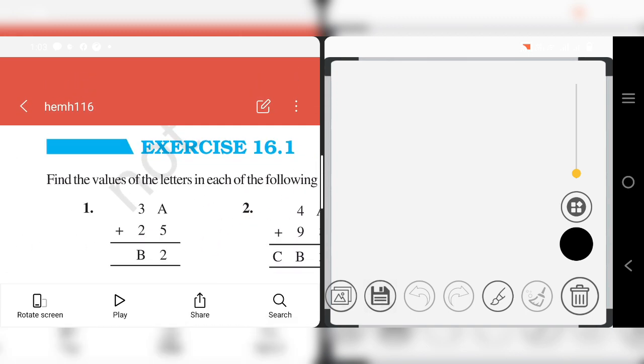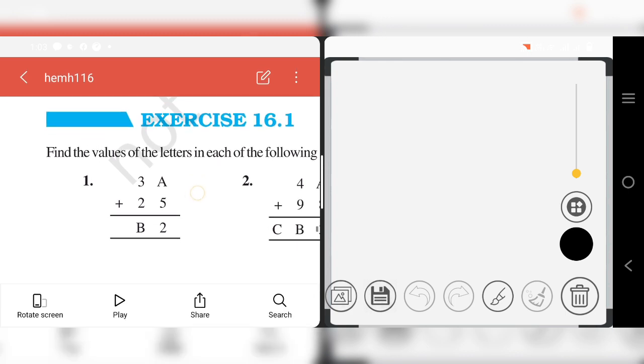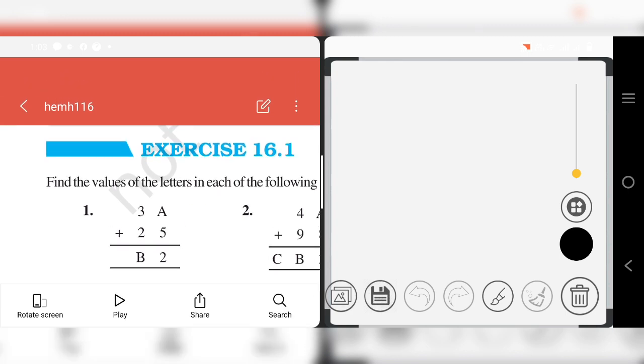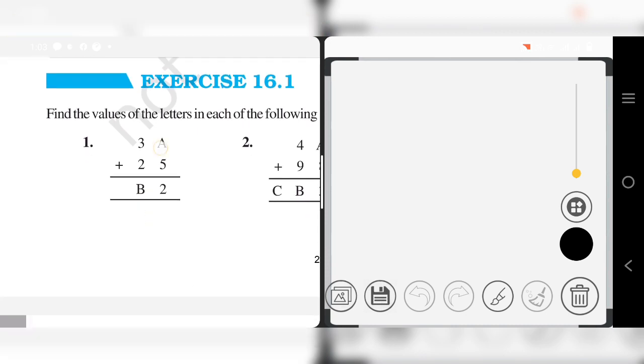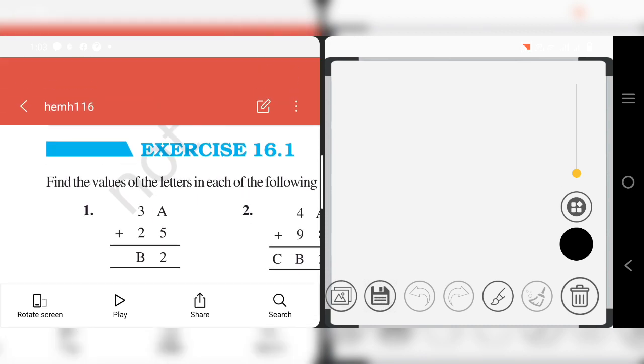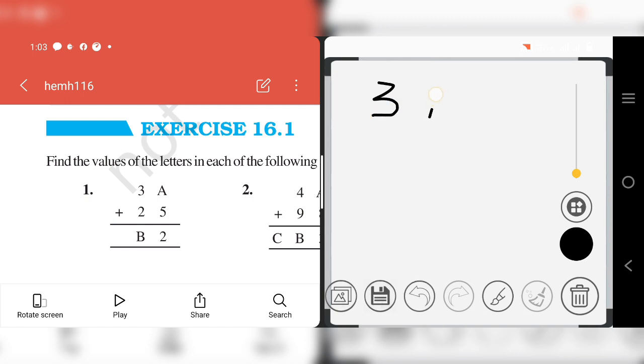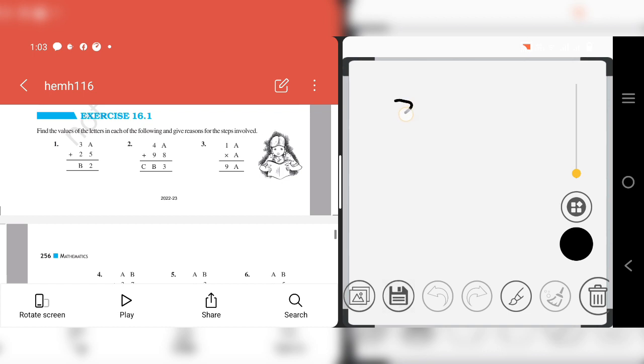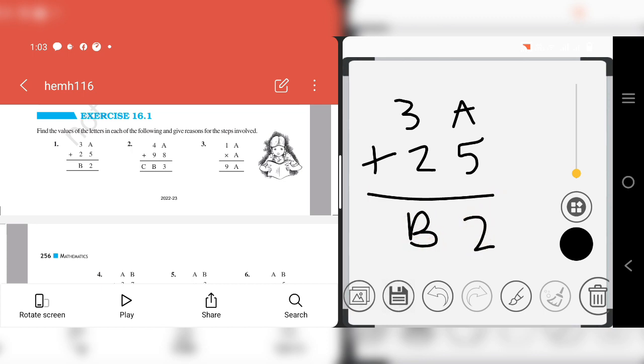So first one, 3a plus 25 is equal to b2. Here we have to find the values of a and b.